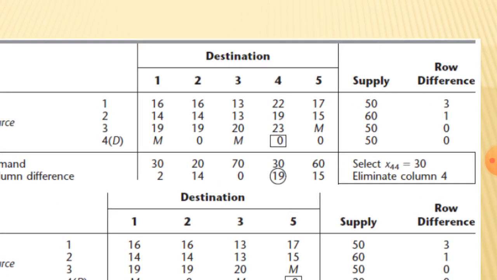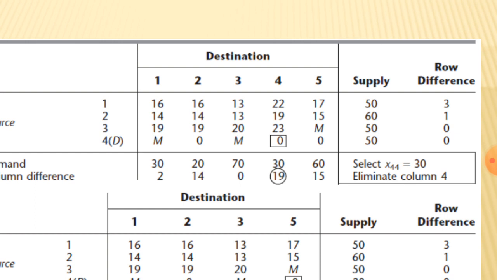First you have to make the row difference. What is the minimum value here? 13 is the minimum. Next minimum value 17. Row difference: write down the first minimum value, 13, and the second minimum value, 14. Write down the difference. Here 19, 19, you make it 0.